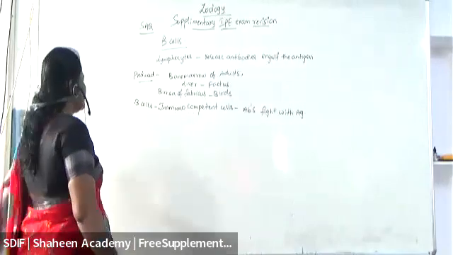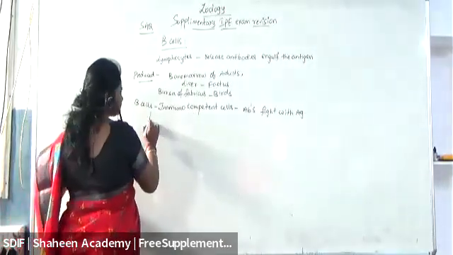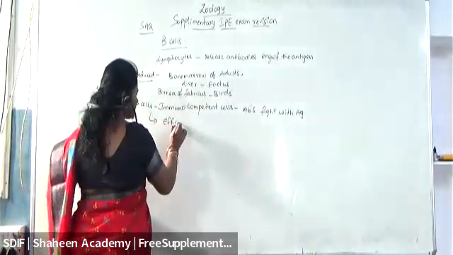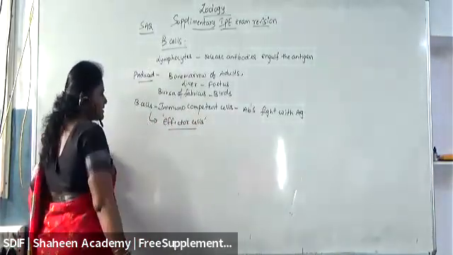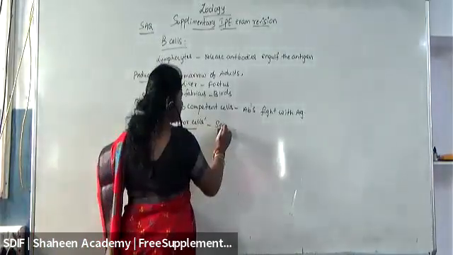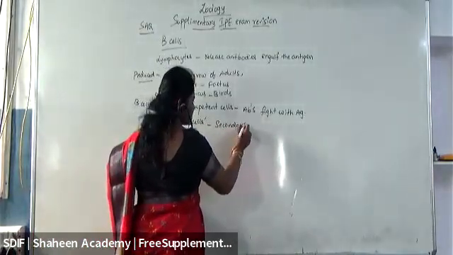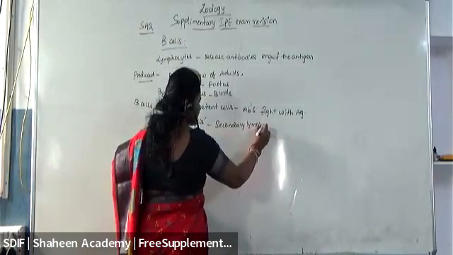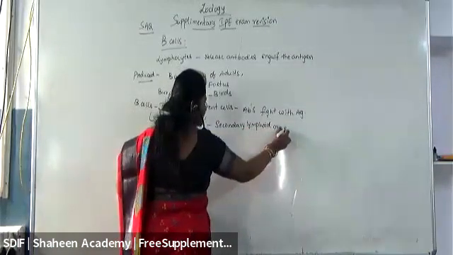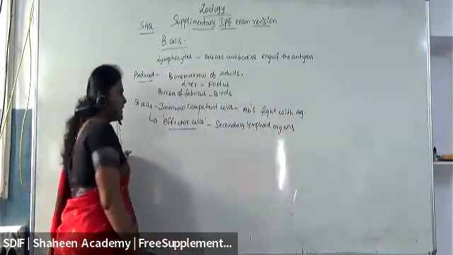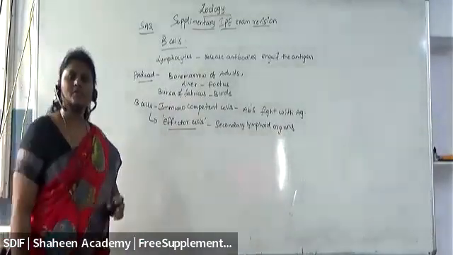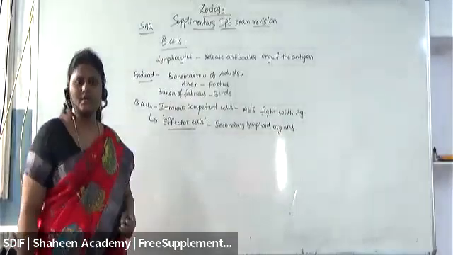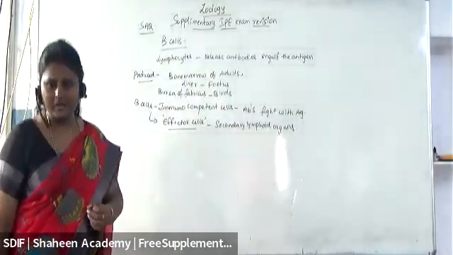And B cells will become effector cells when they enter into secondary lymphoid organs. In our immune system, there are two types of lymphoid organs, primary lymphoid organs and secondary lymphoid organs.